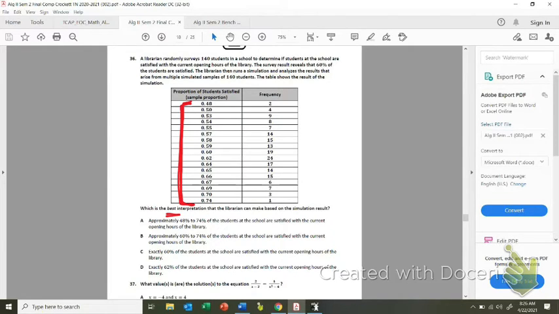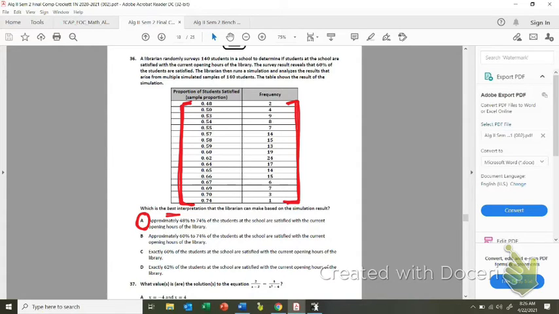To the right, they all have a frequency. So at some point in time, somebody's pretty satisfied about the library's hours. Okay? So look at your choices. Which one is the only one that covers that entire chart? A, because it says approximately 48 to 74%.